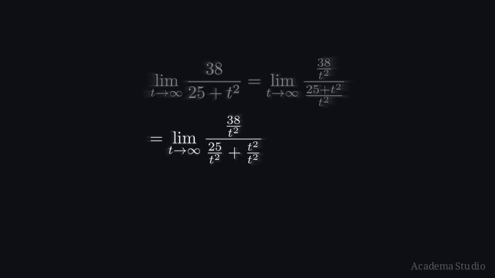So this simplifies to the limit as t approaches infinity of 38 over t squared over 25 over t squared plus 1. Follow the calculation line by line.